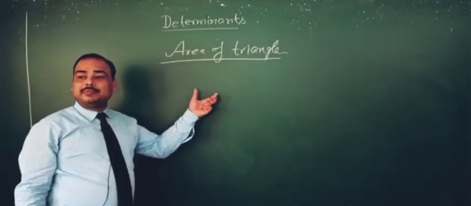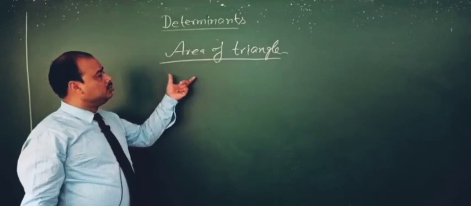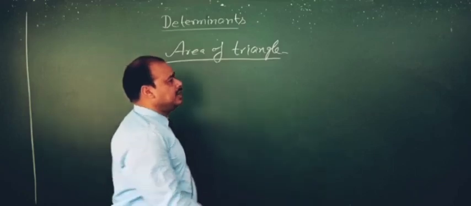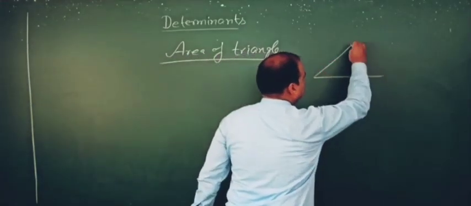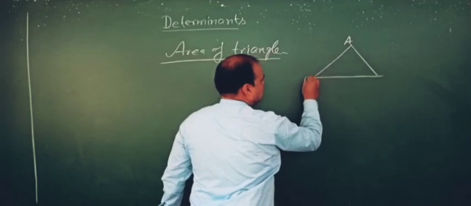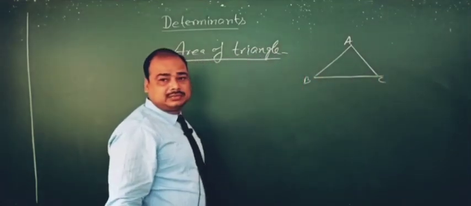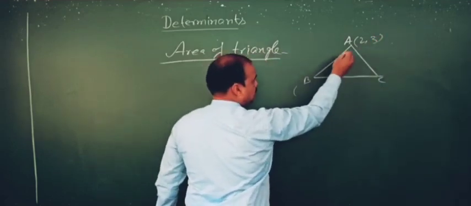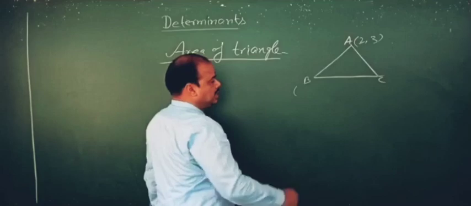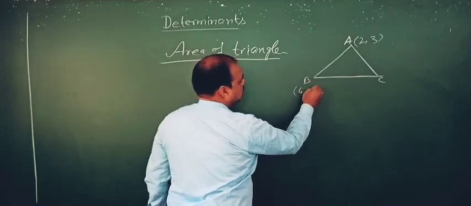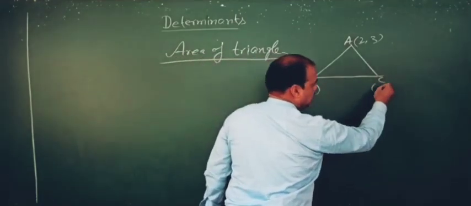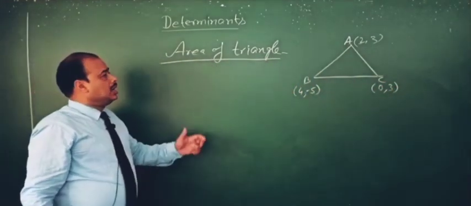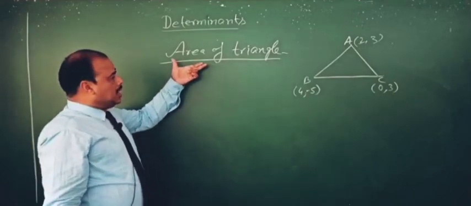Let us see the application of determinants in finding the area of a triangle. Area of triangle, you know very well in coordinate geometry, a triangle has 3 vertices, A, B, C. The coordinate of A is 2, 3, coordinate of B is 4, negative 5, and the coordinate of C is given 0, 3. First, area of triangle.